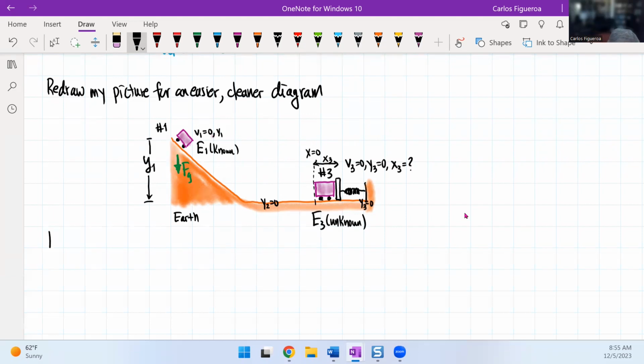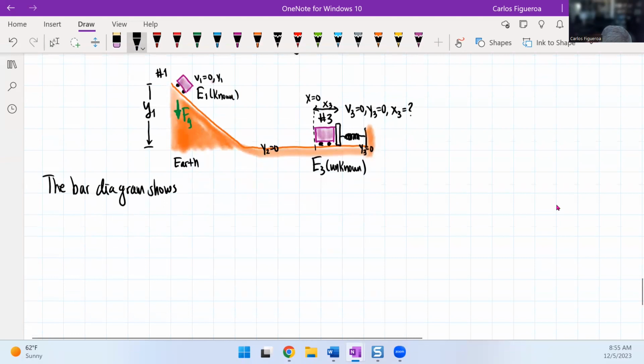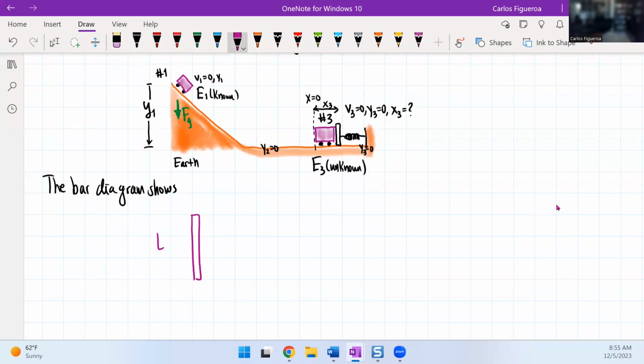So now the bar diagram shows that if I look at energy state 1, again, remember, all of the mechanical energy must be a constant.